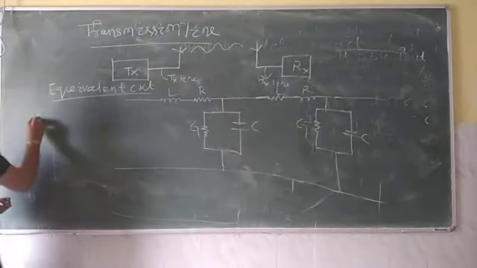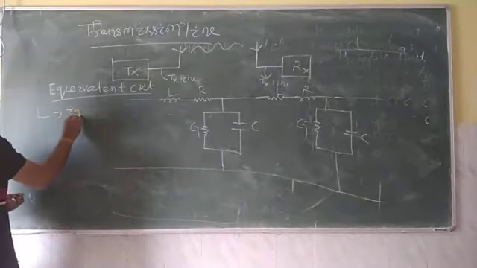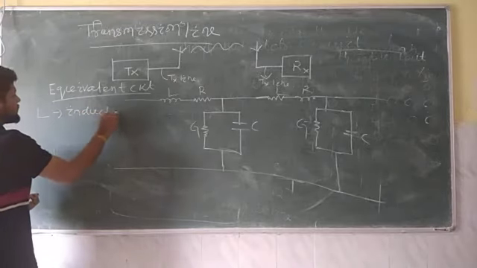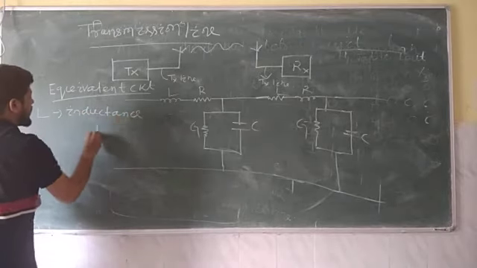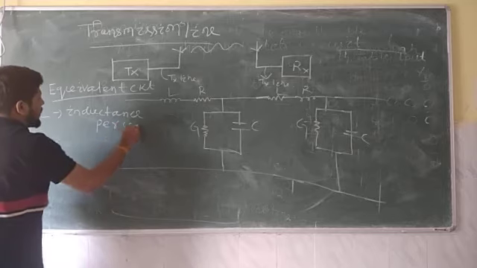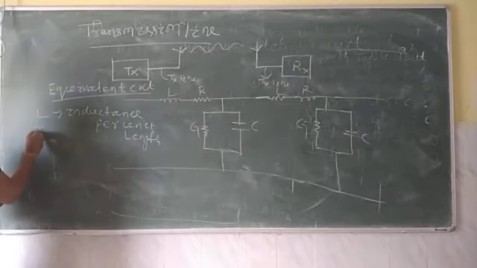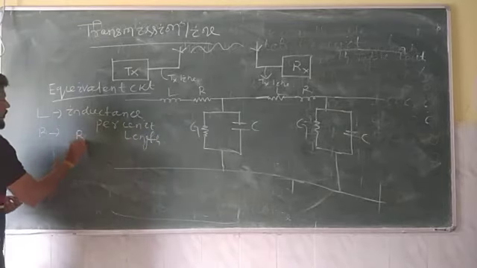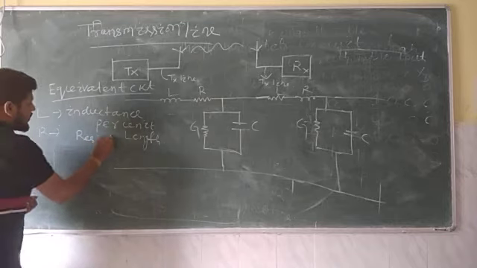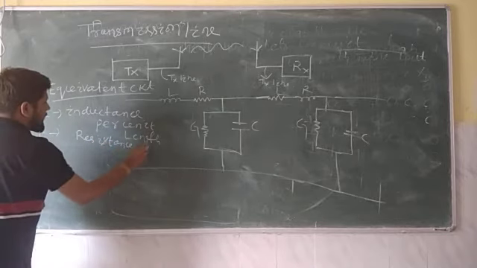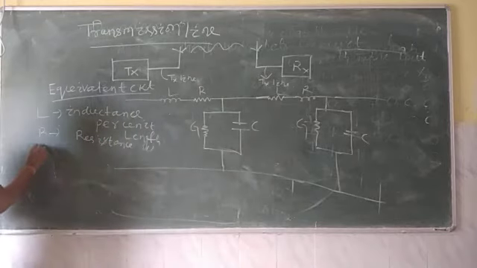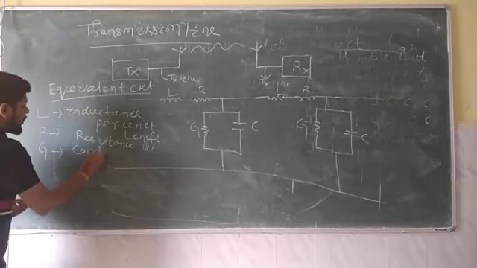Here L is inductance per unit length, R is similarly resistance per unit length, G is conductance per unit length.